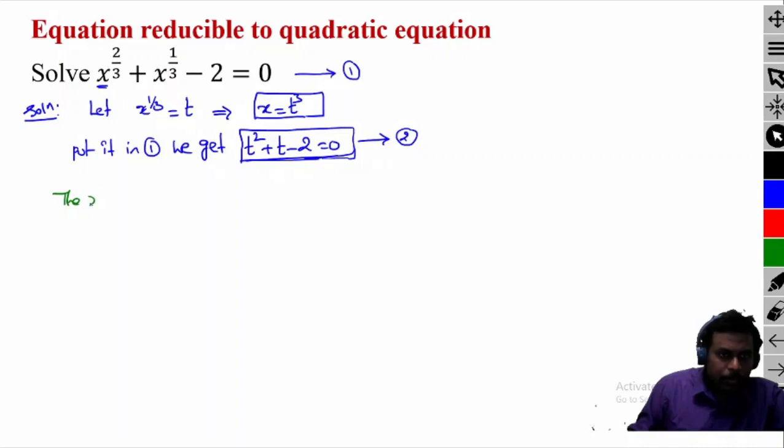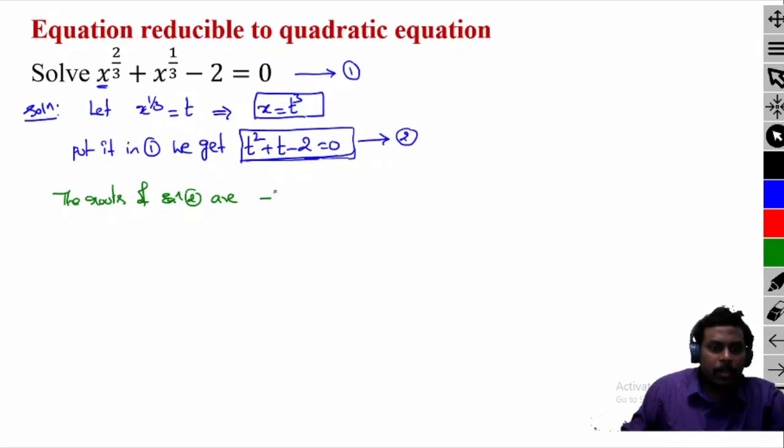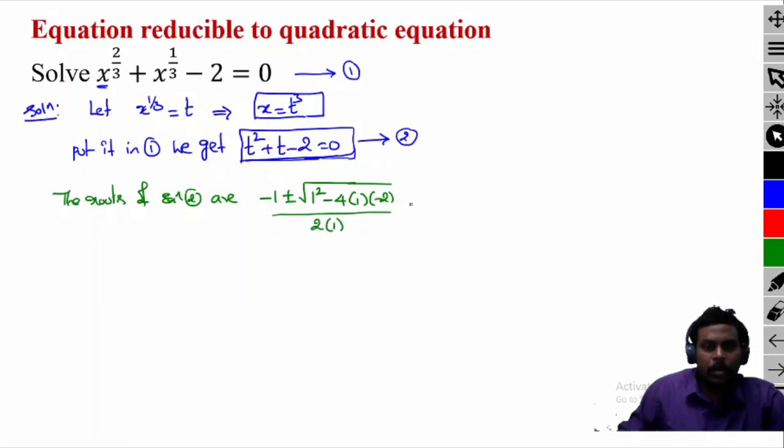The roots of equation 2 are minus 1 plus or minus under root b square, that is 1 square, minus 4 into a into minus 2, divided by 2 into 1, that is equal to minus 1 plus or minus under root 1 plus 8 divided by 2.